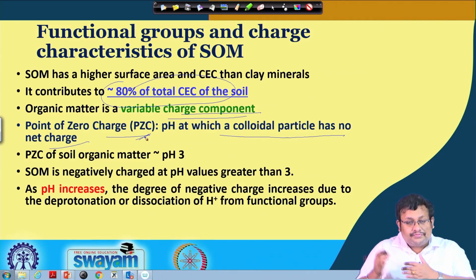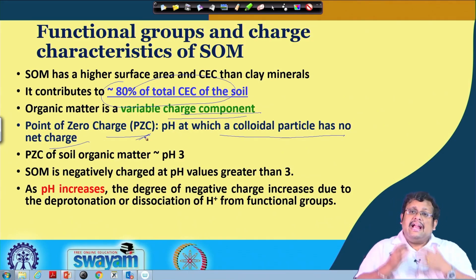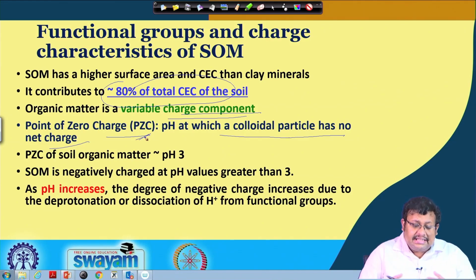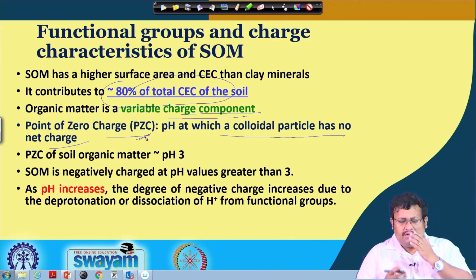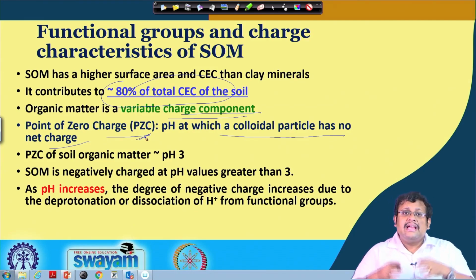So, if it is pH less than 3, then soil organic matter will produce positive charge. However, at pH greater than 3, it will produce dissociated functional groups. As a result of that, they will produce negative charge.